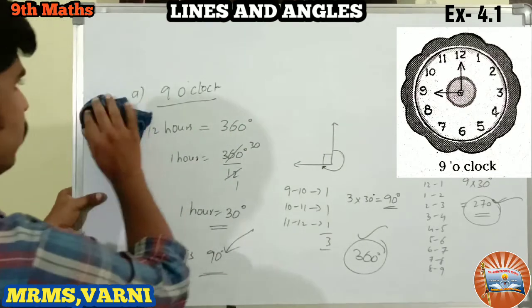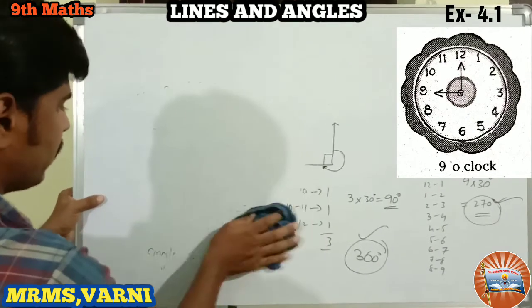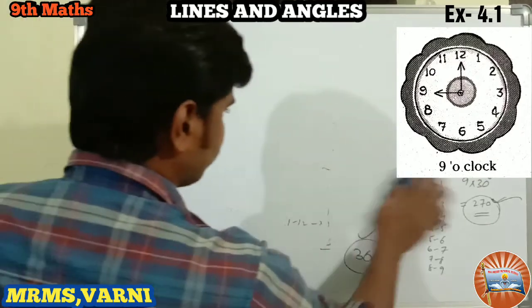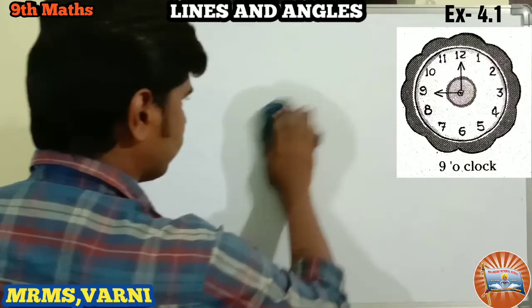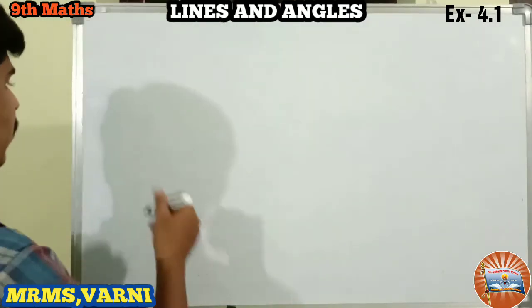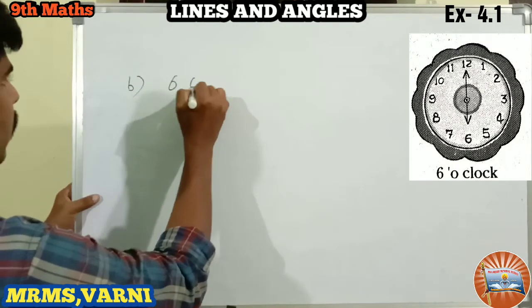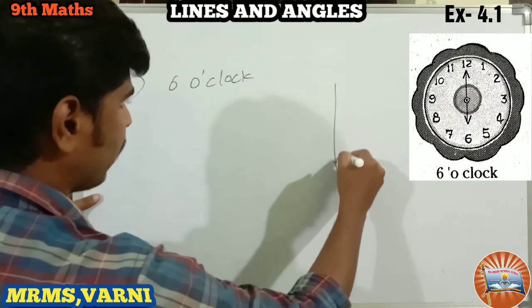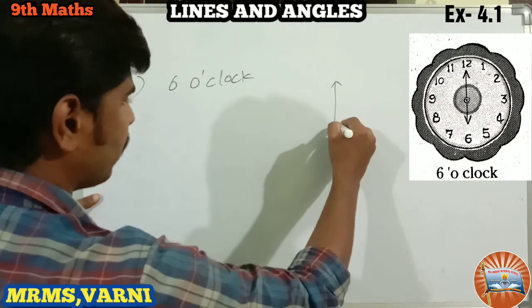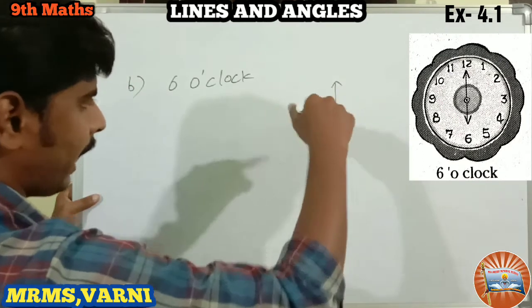B, 6 o'clock. There is no problem for 6 o'clock, whether it is reflex or normal; in both cases the angle will be the same. At 6 o'clock the arms will be like this, a straight angle.